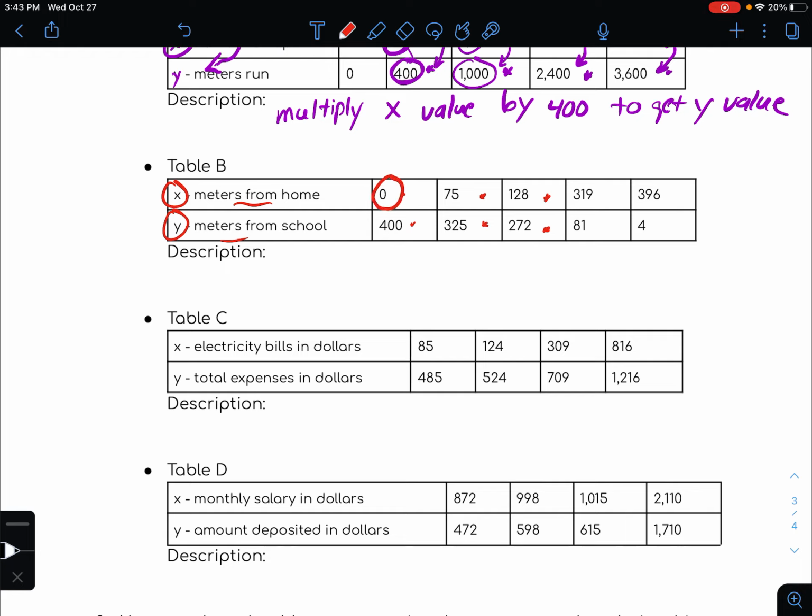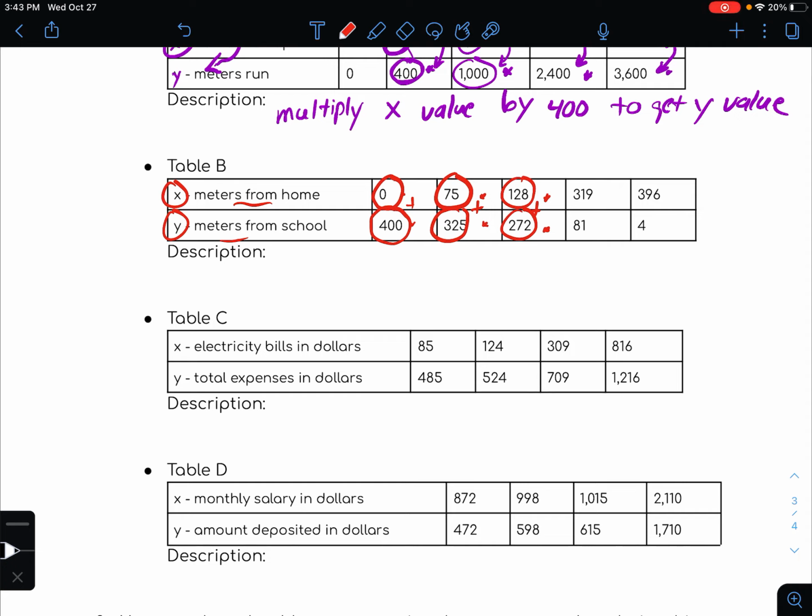Notice that 0 plus 400 is 400. 75 plus 325 is 400. 128 plus 272 is 400.